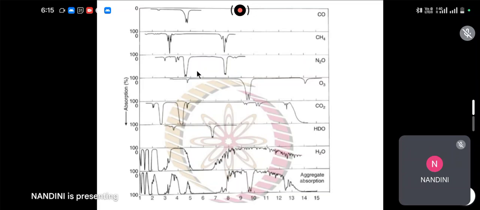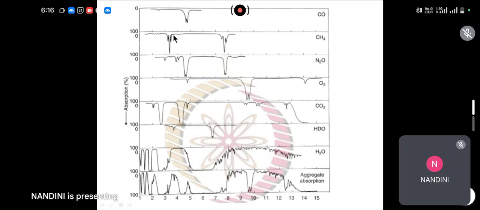So this shows the frequency range over which absorption takes place for different types of molecules. The y-axis shows the absorption, and the inverted peak shows more absorption. In the case of CO, the maximum absorption takes place around 4 micrometer.